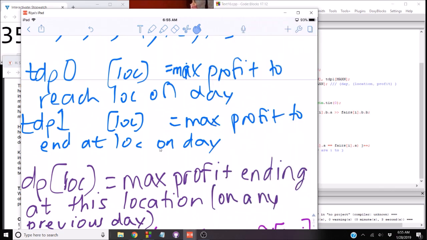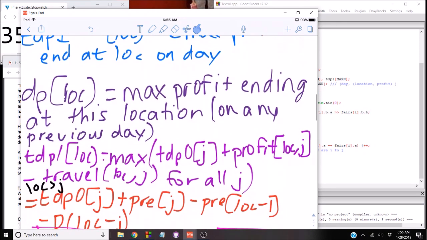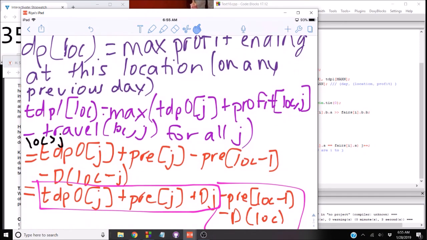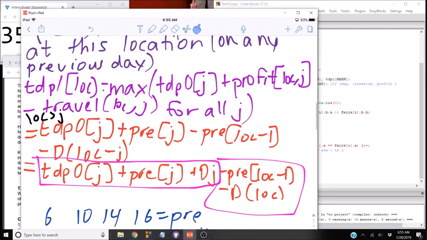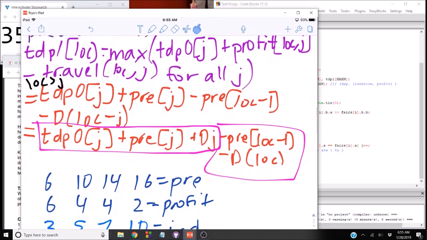Okay, and then it looks like I need 2 segment trees. Do I need 2 segment trees or 1 segment tree? Okay, for if lock is greater than j, then the segment tree needs to store TDP0[j] plus prefix j.